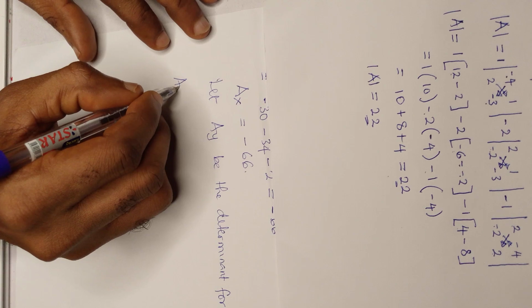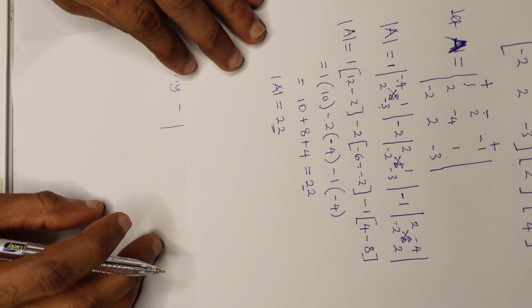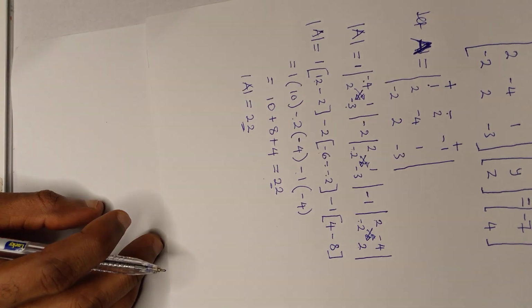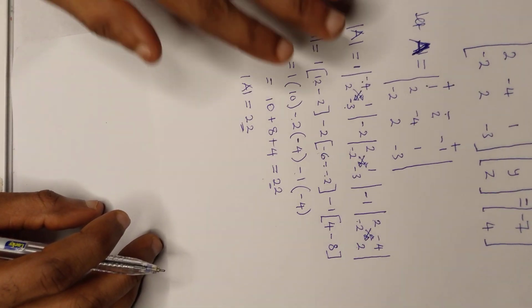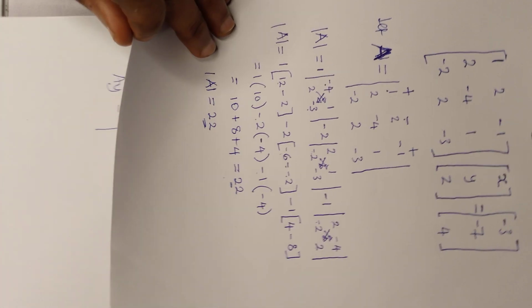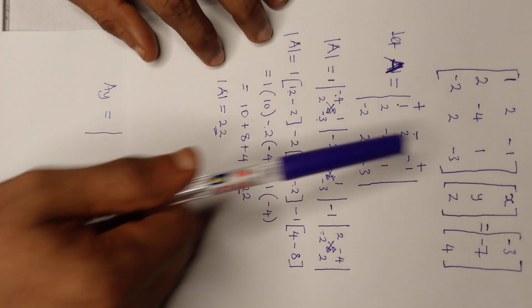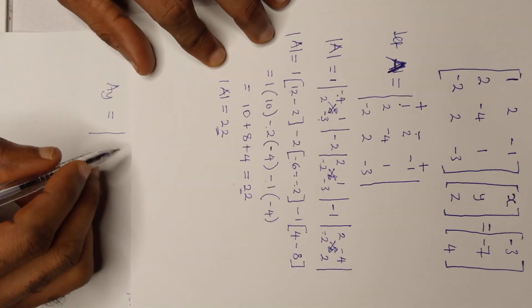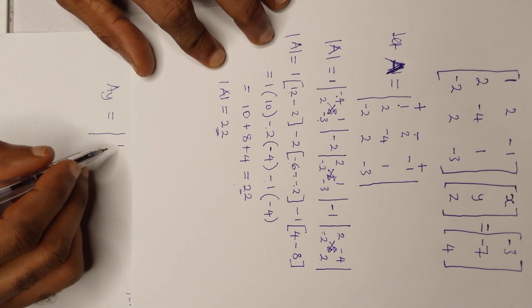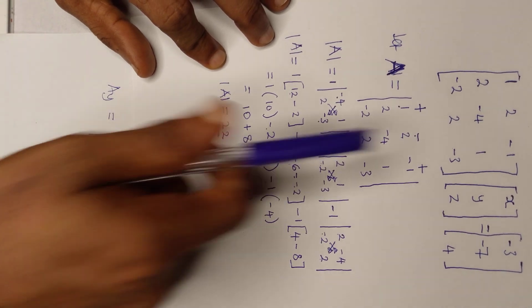So our Δy will be equal to, we take the x values first. So this is the x column: 1, 2, -2.